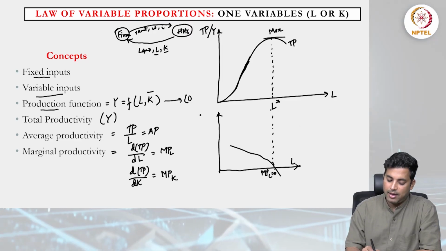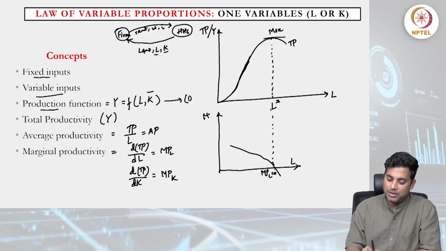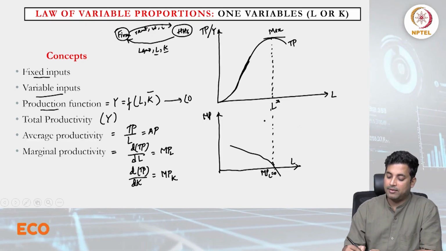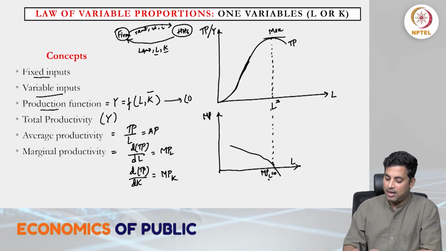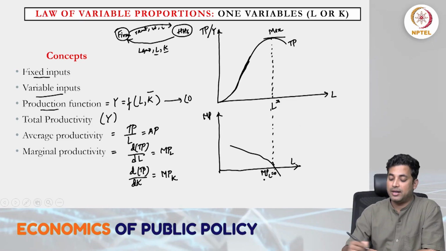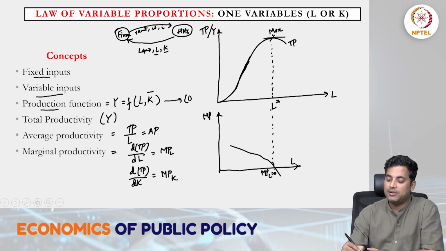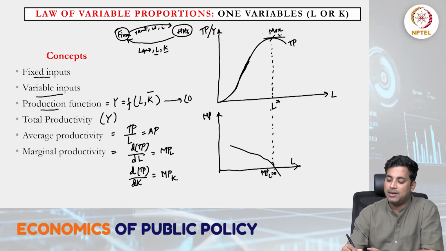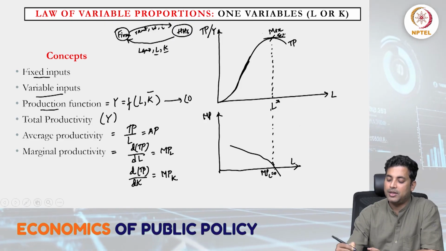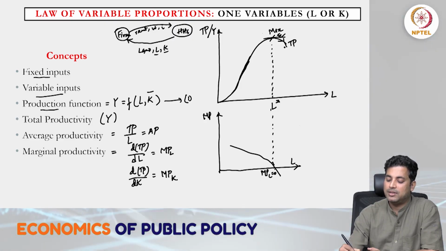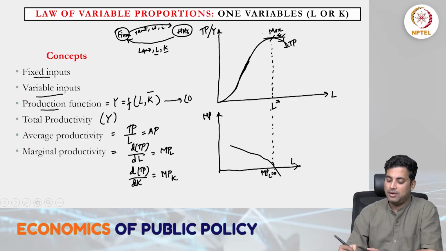Here L, and here marginal productivity, and this is how total productivity and marginal productivity are interrelated. After this point, say point E, total productivity will start declining, right?